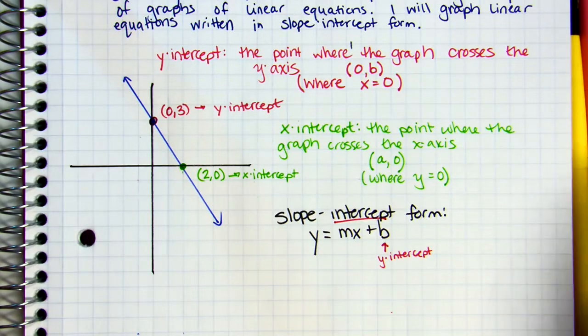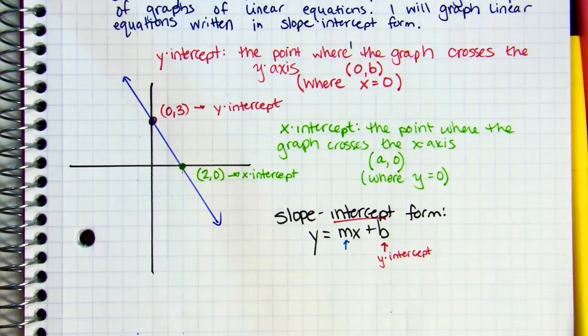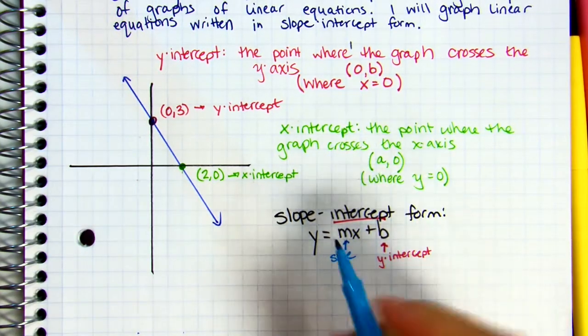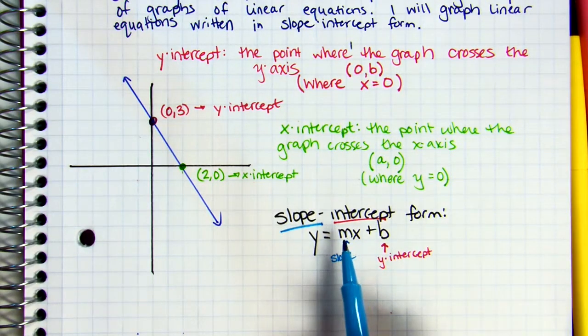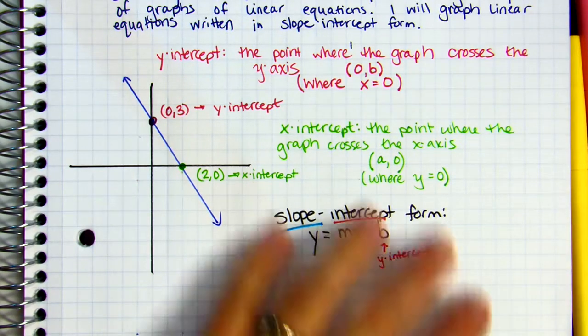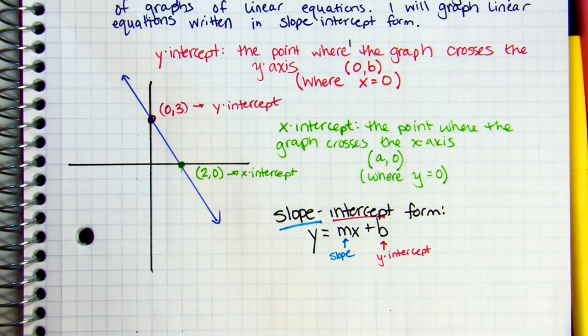And then this number right here, the coefficient for the x, that's always going to be our slope. It's really nice if that's written as a fraction, because then that just tells us how much to count up and over or down and over. So slope-intercept form is what we're going to be using to graph today.